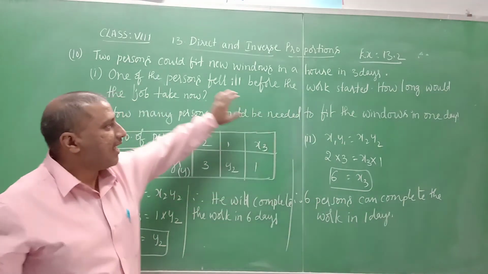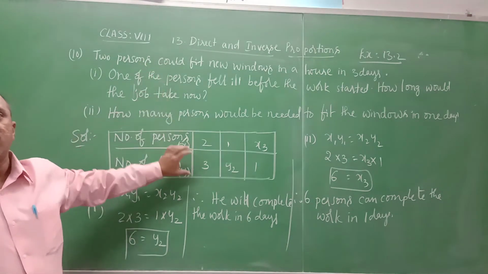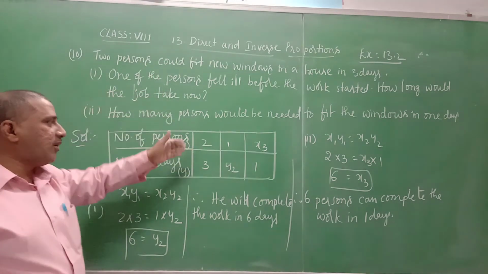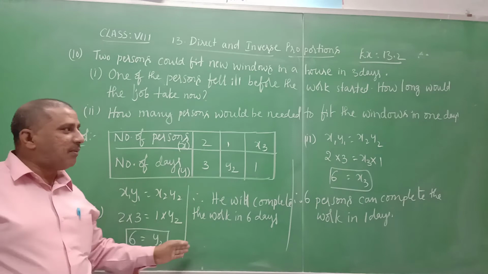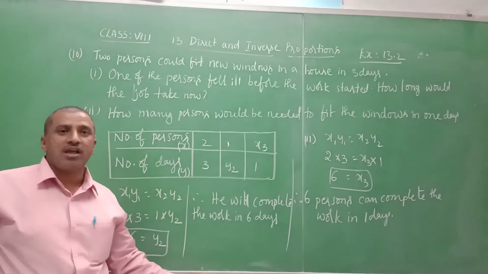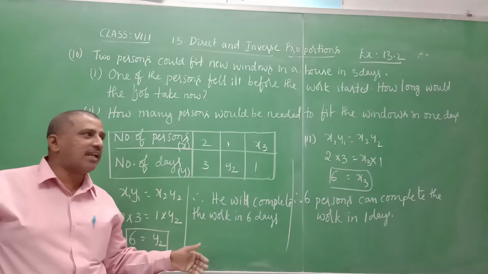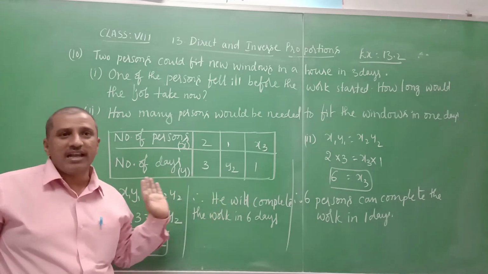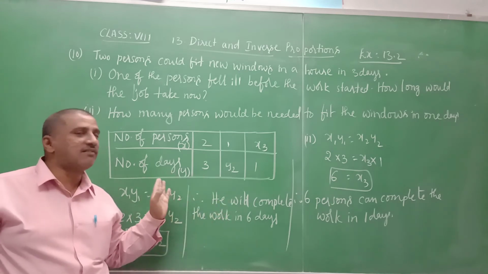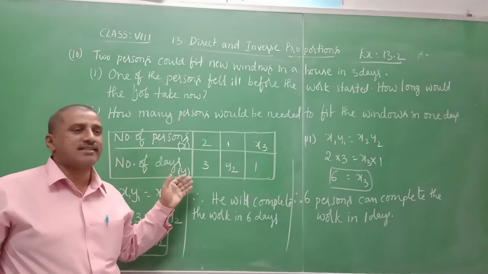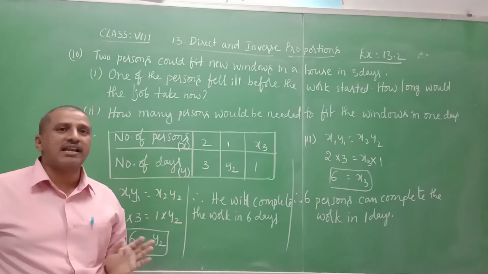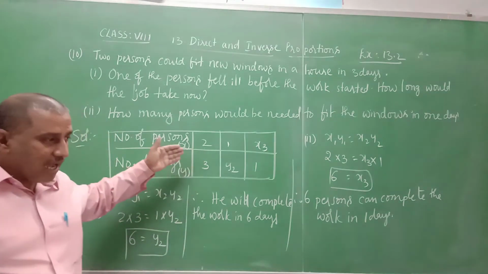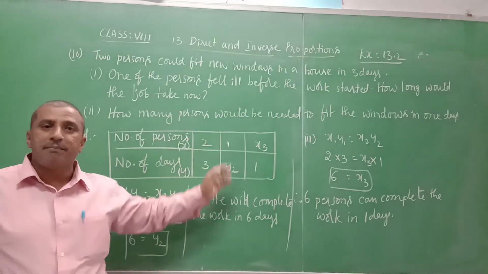Like this, we can find in different situations how many people we require to complete the work in less time, or how many people we require to complete the work in more time. When they are not feeling well, some people may skip the work. These kinds of cases we find in our real life situations, and we apply this concept even in our practical life.